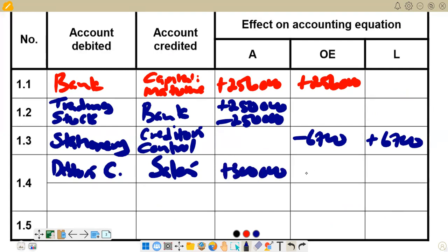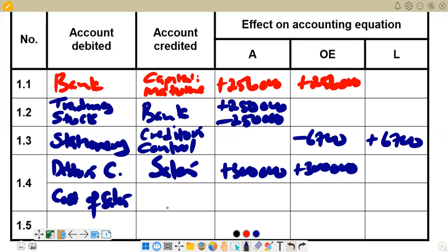Also, when you're crediting sales, remember sales is adjusted in the income statement, and it increases the figure for net profit as revenue. When it increases net profit, it's also going to increase the owner's equity. So here we also have a plus 300,000.